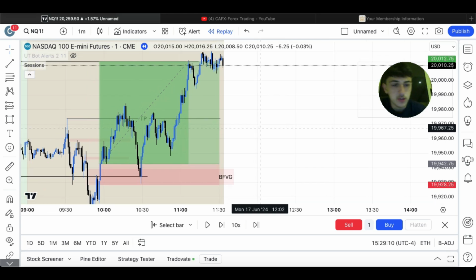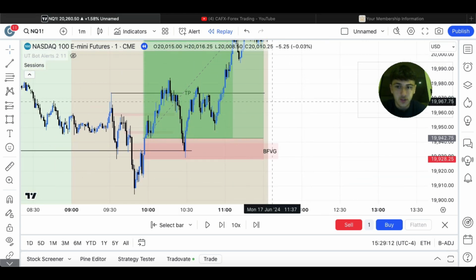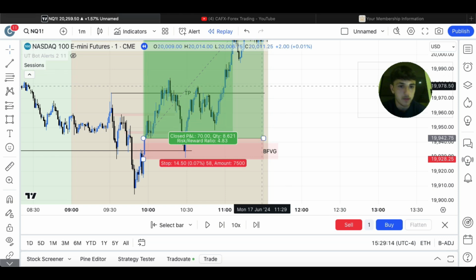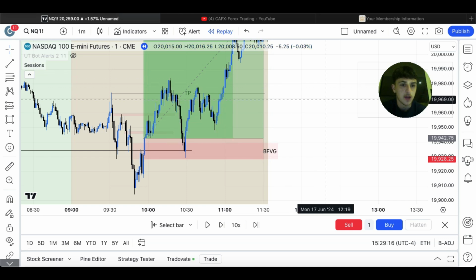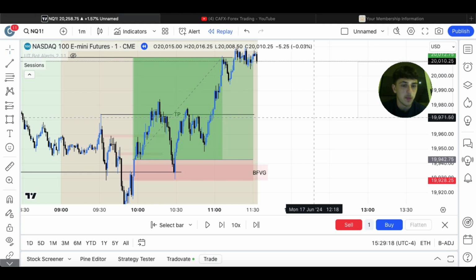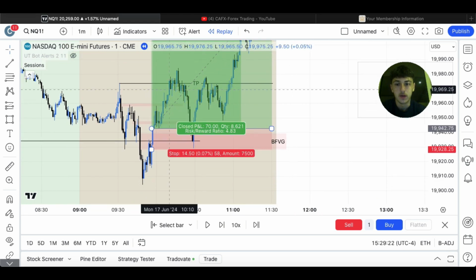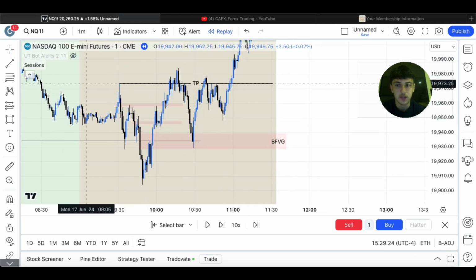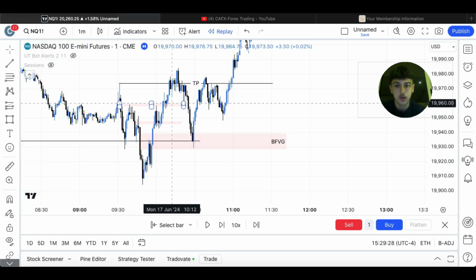So that was the trade I took today. It's so simple. You just wait for a sweep of one of the liquidity levels in line with the daily bias, and then target the opposing high or low. If you go back onto this, it all seems so clear if we get rid of all of the colours and everything on the chart.